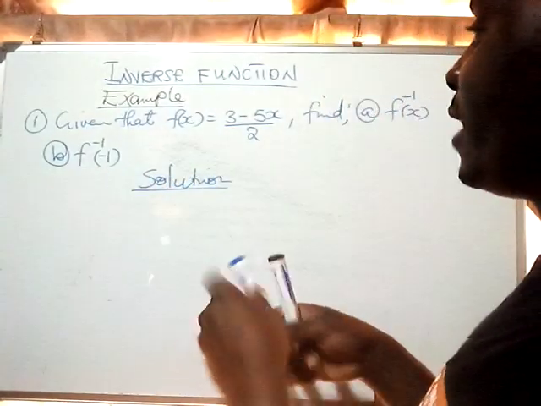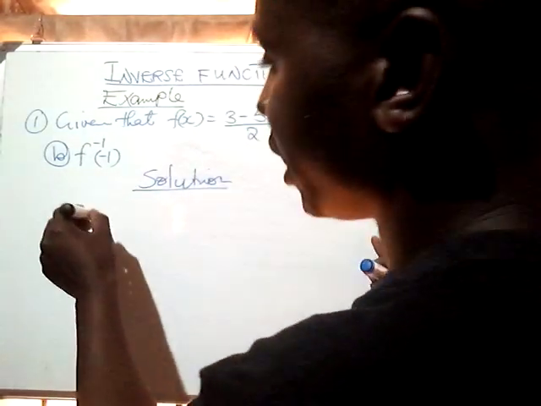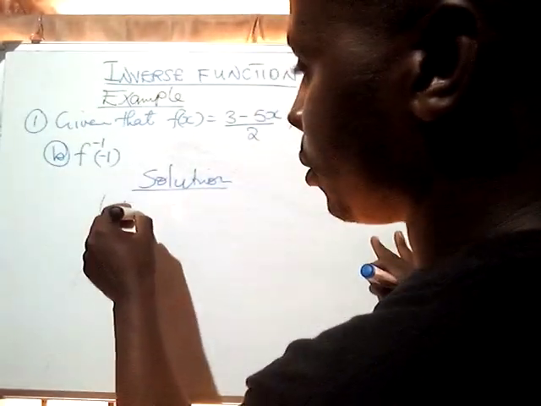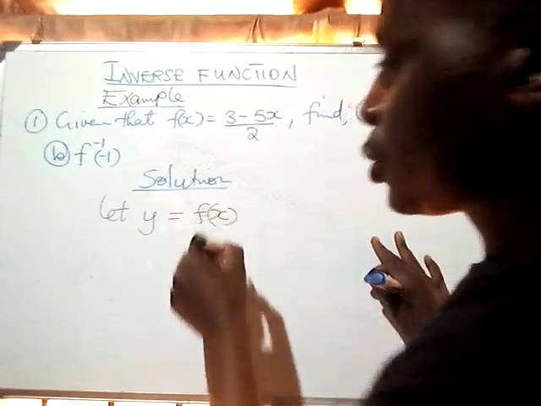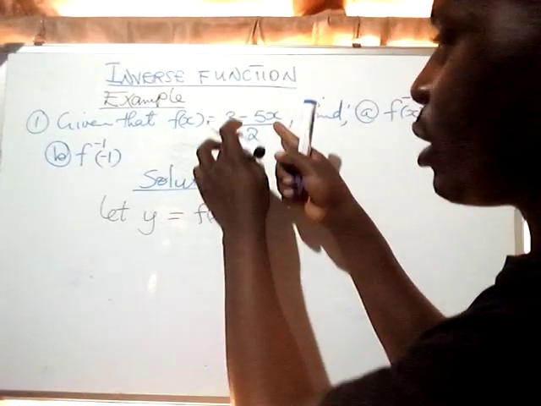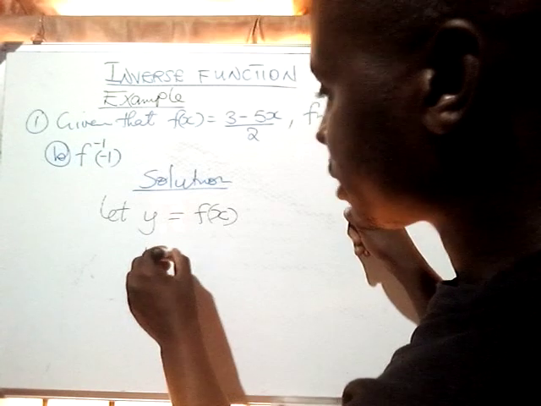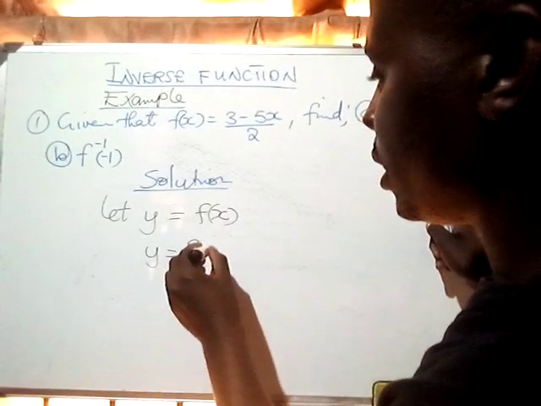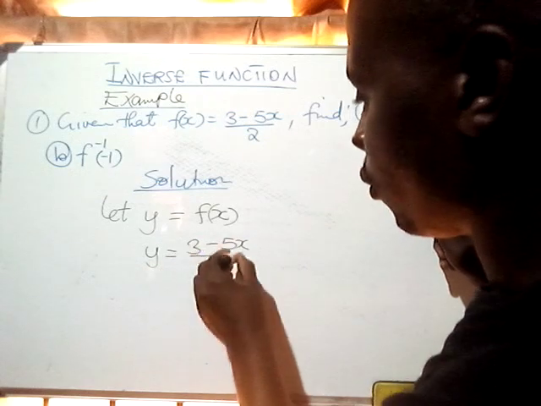To find the inverse of this function, we are going to let y be the function. So where there's f of x, we replace it with this. It will be y is equal to 3 minus 5x over 2.